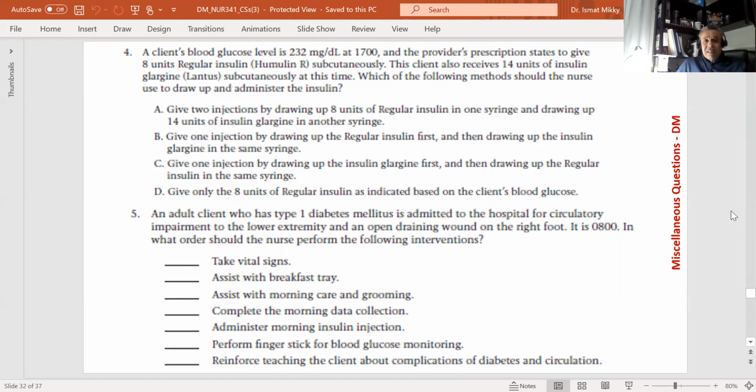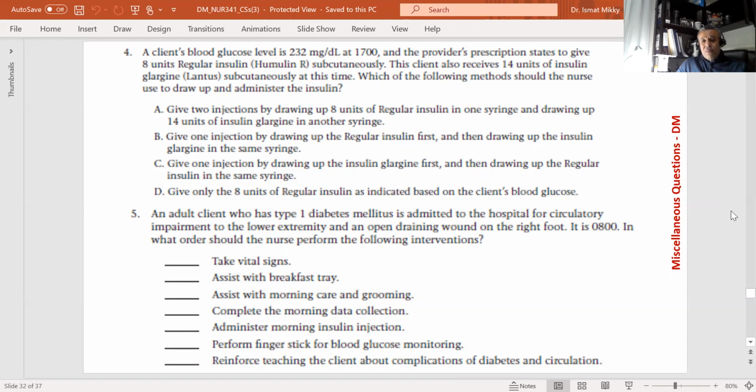You can combine them because that's the same medication. Coverage for 4 units and then scheduled for 6 units, you can combine it as 10 units and give it once. That's fine. But here we have two different insulins that should not be combined. These two medications are not compatible and cannot be given in the same syringe.